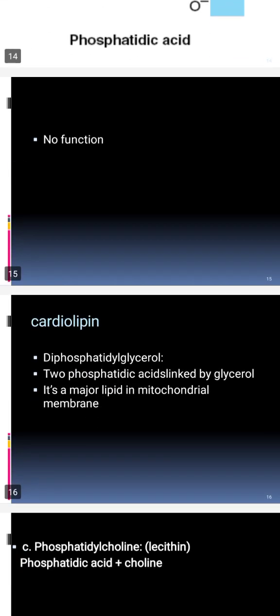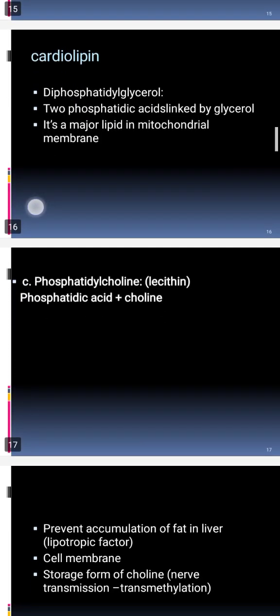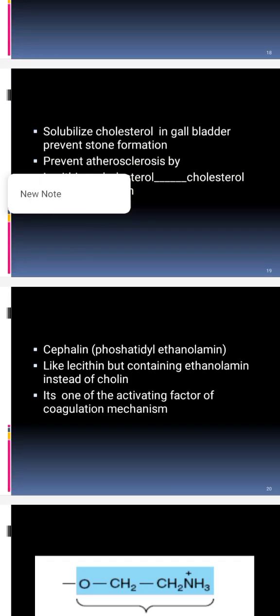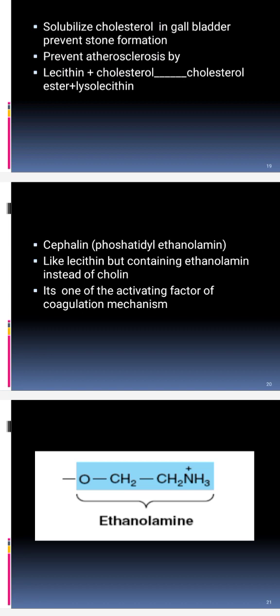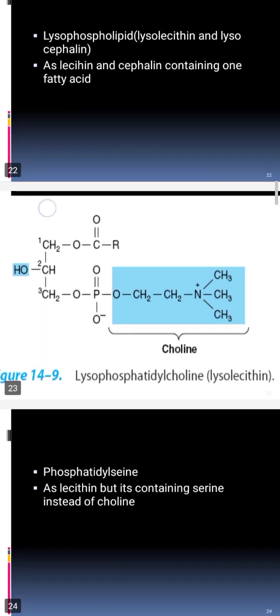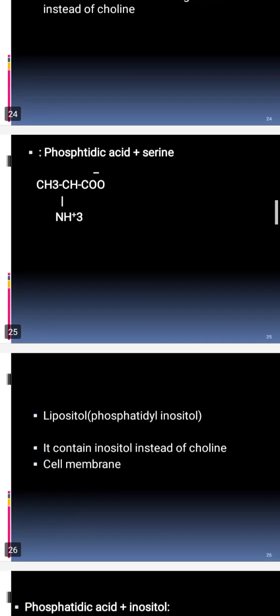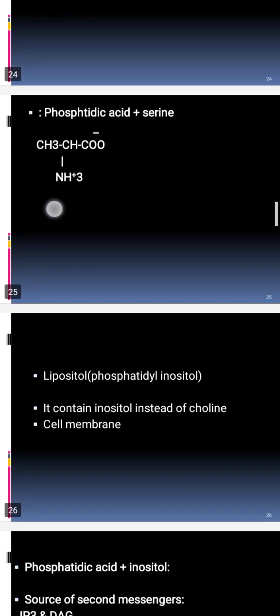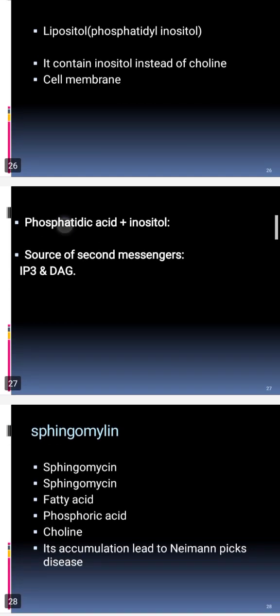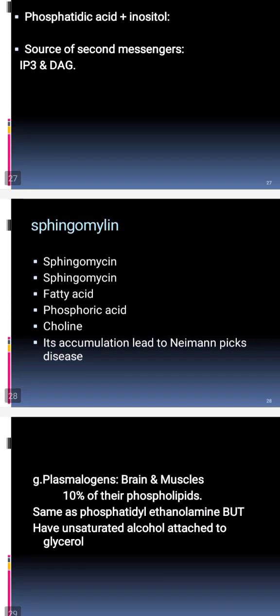Okay, we have cardiolipin, we have phosphatidyl choline, and we have kephalin, which is phosphatidyl ethanolamine, and we also have phosphatidyl serine, and we have phosphatidyl inositol. Okay.